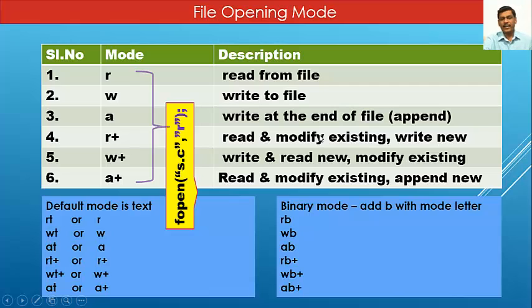Different kinds of file opening modes are available. In total there are 6 modes. The first mode is R. If we want to read data from a file, we use R mode in the fopen function. This is the file mode. By using the fopen function, we can open a file, making a stream between hard disk and RAM memory.